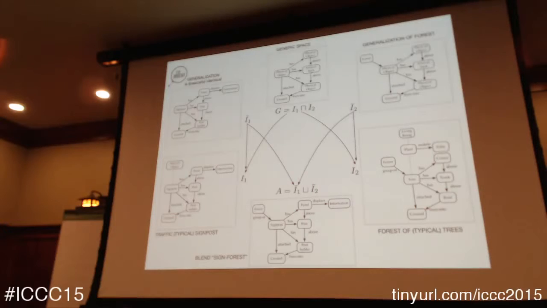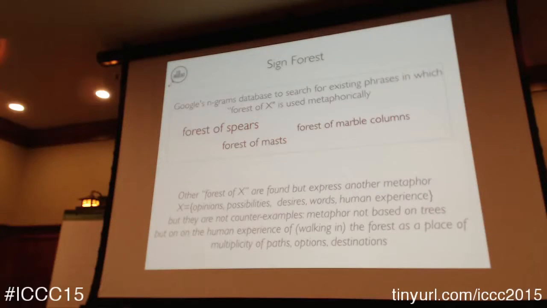In order to check whether this intuition makes any sense or has any validation, what we did was using Google's Ngrams database to search for existing phrases in which there is the word forest of something.